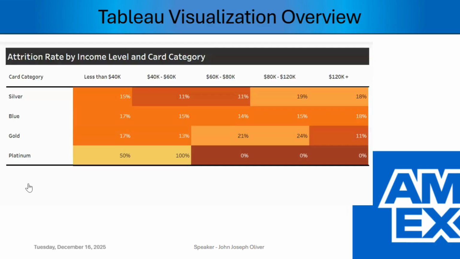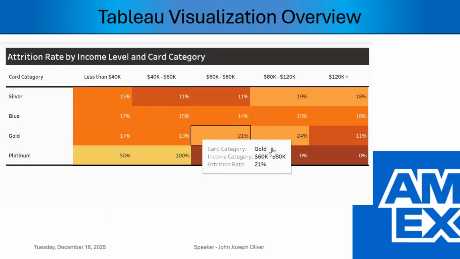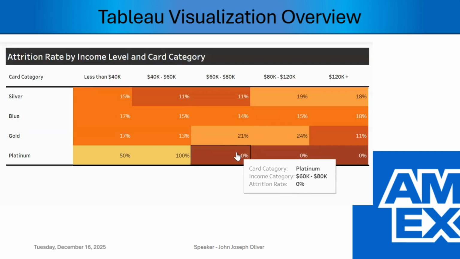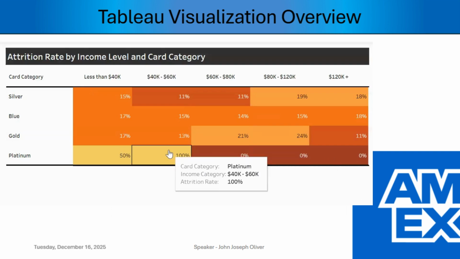The last visual that I'll be going over is a heat map of attrition rate by income level and card category. For the rows, you have card category, which consists of silver, blue, gold, and platinum. And for the columns, you have income level. Each square represents an attrition level. The darker the square, the lower the attrition rate. The lighter the square, the higher.